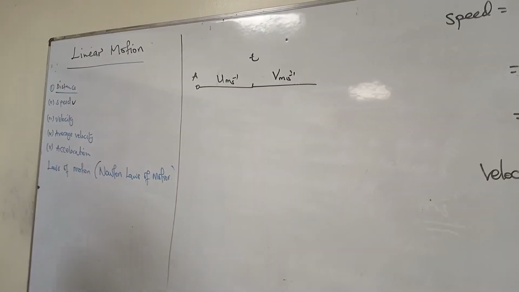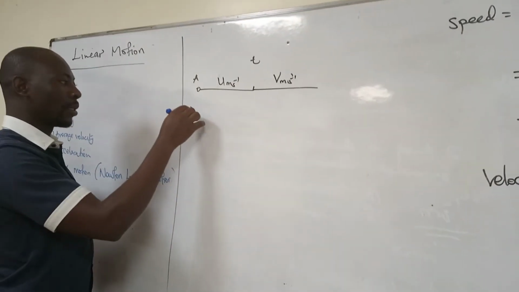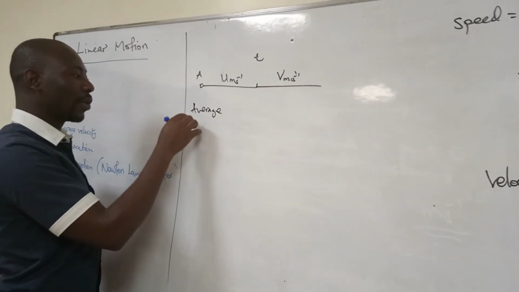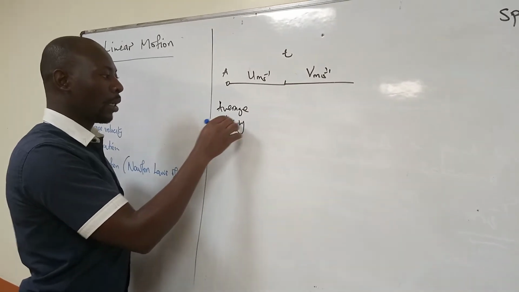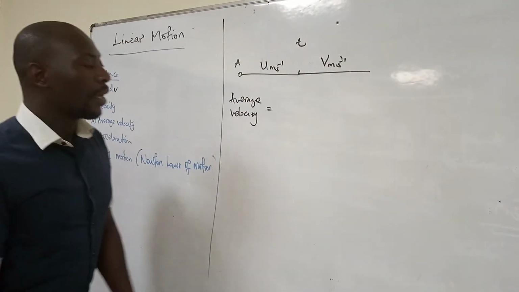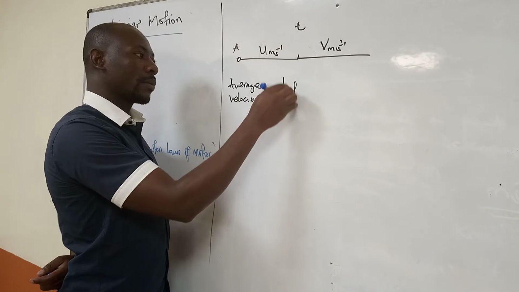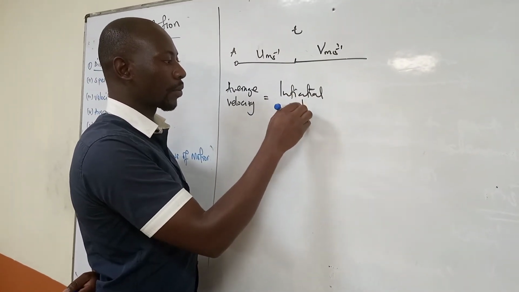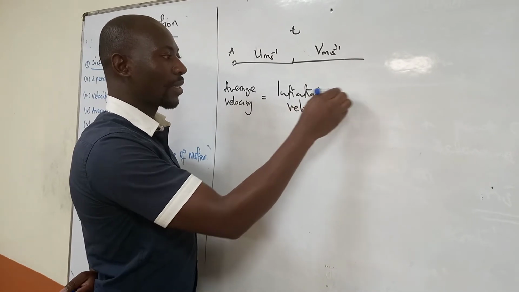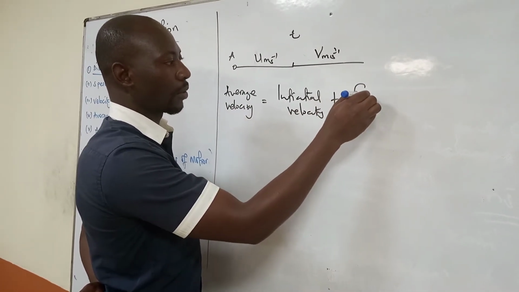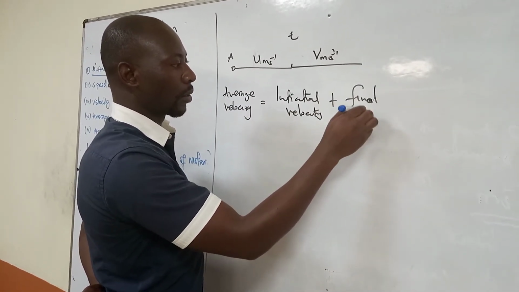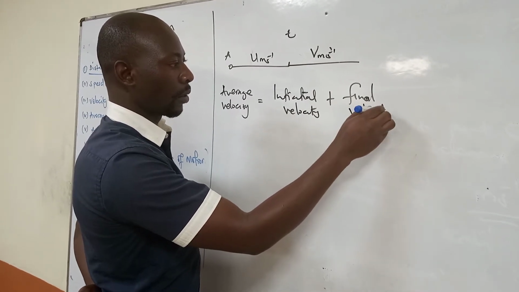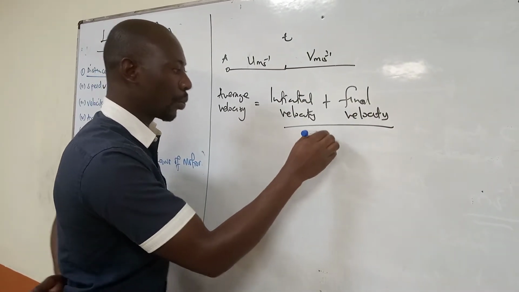So average velocity is given as initial velocity plus final velocity divided by 2.